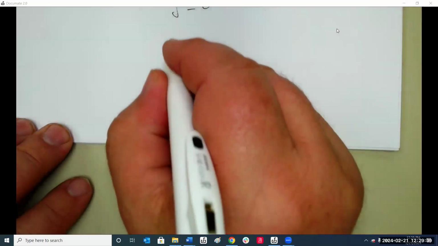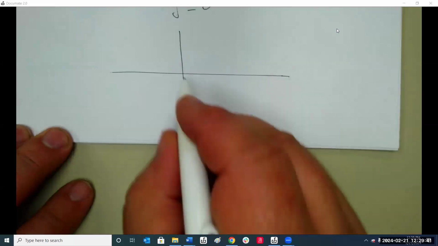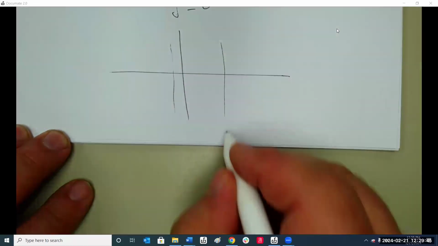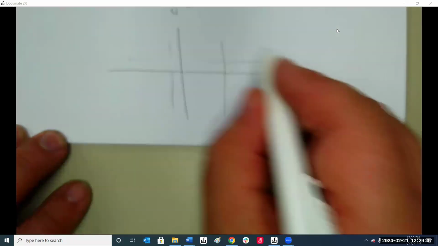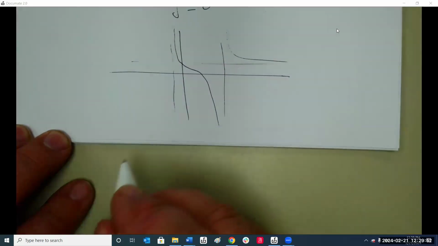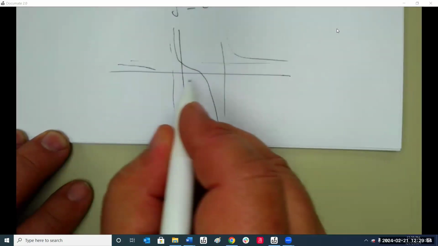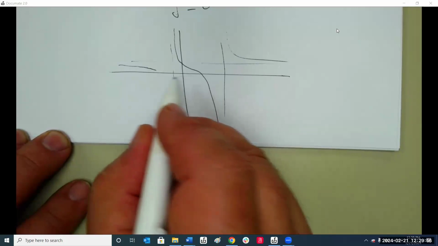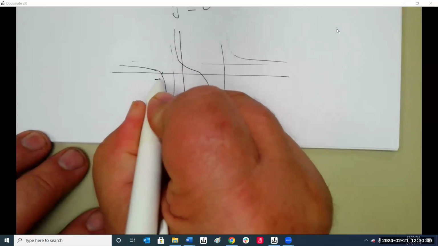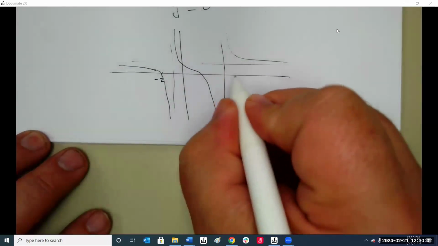We get our graph that will look like this, and its horizontal asymptote is there. So we have a negative there.